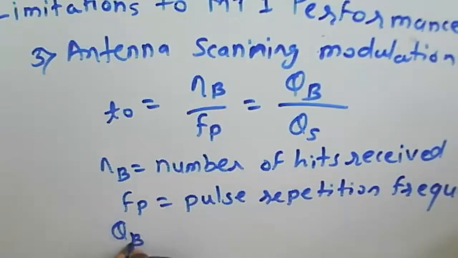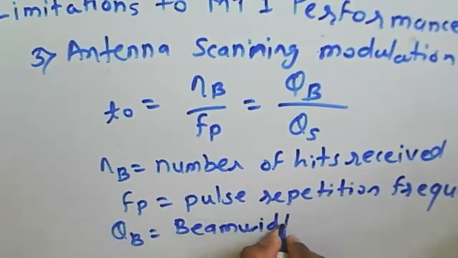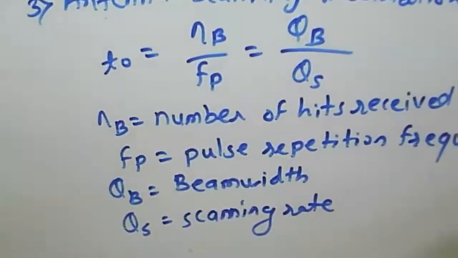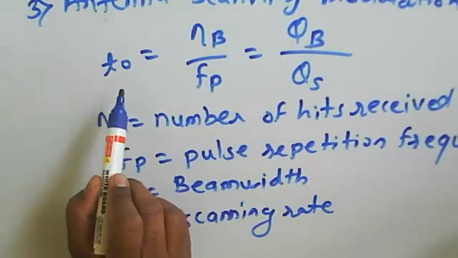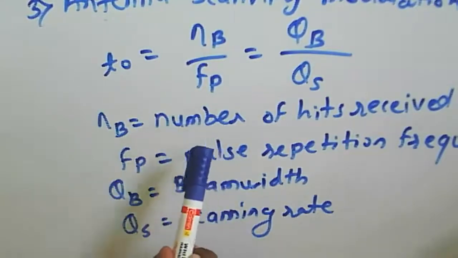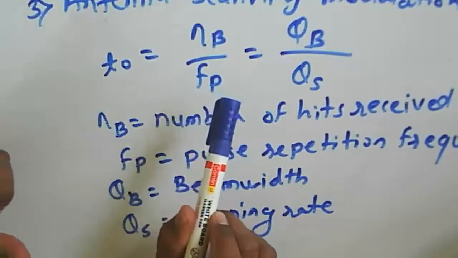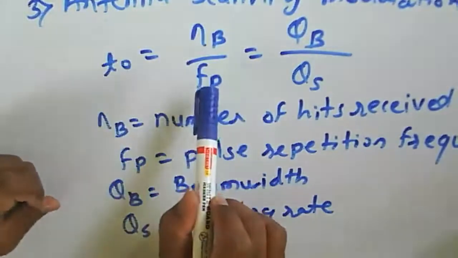And this theta B is the beam width of the antenna, and theta S is the scanning rate. So this is the finite time for which the target will be observed. That depends upon the number of hits received within a particular period of time, with respect to the pulse repetition frequency.